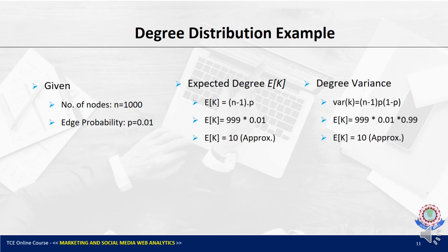We know the value of n is 1000, so n-1 is 999, times 0.01. So the expected degree will be approximately 10. Similarly, for calculating the degree variance, Var[k] equals (n-1) times p times (1-p). By substituting these values, we can calculate that the degree variance is also approximately 10.